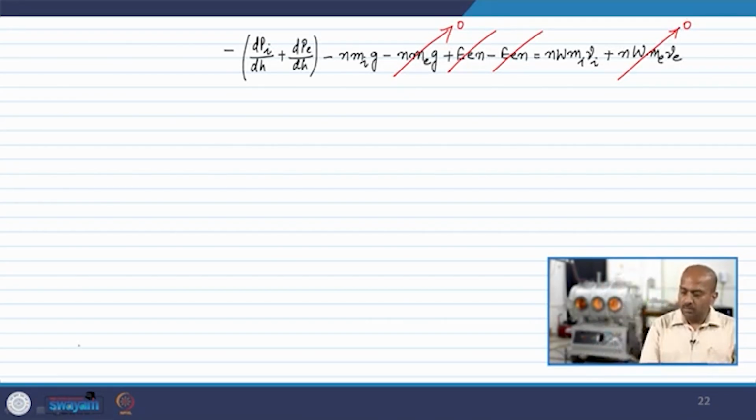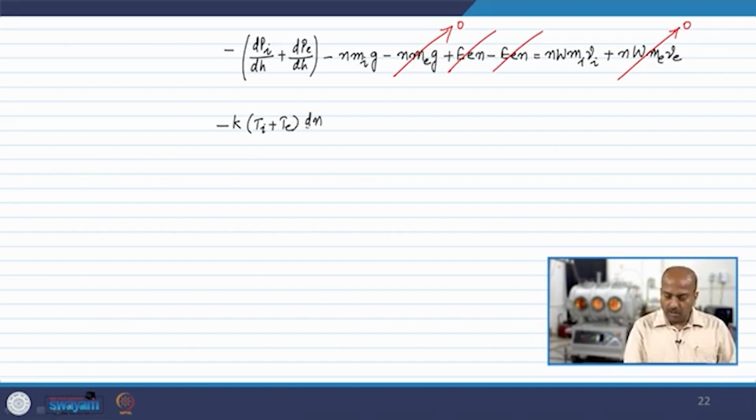Coming back, removing all the terms which have been neglected or cancelled, we can write minus k (Ti plus Te) times dN by dH.